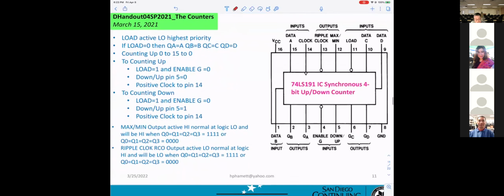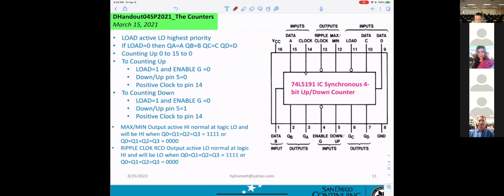191. You understand 191 is a binary up-down counter. On this, I see they don't have a clear, they don't have a reset, but they have a load.